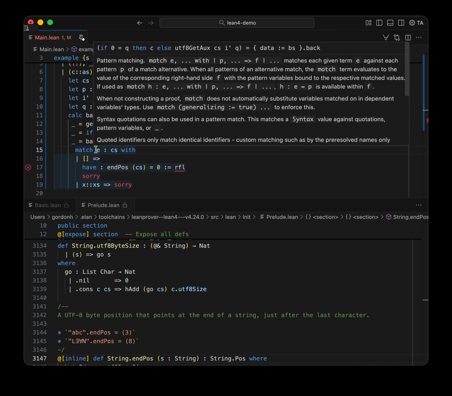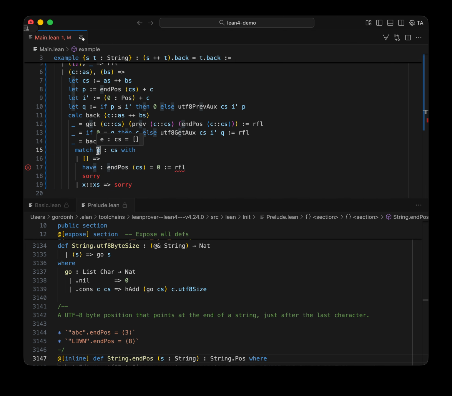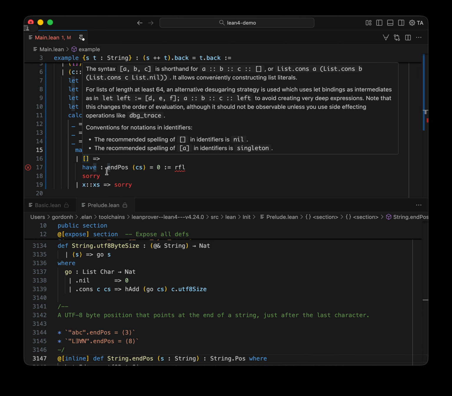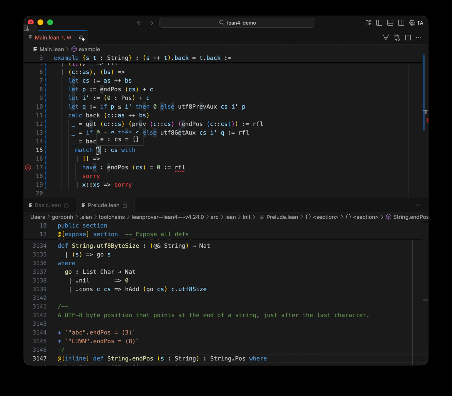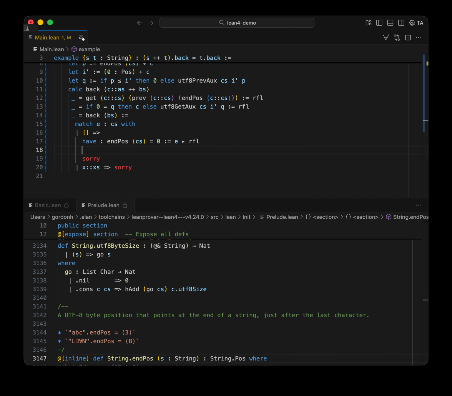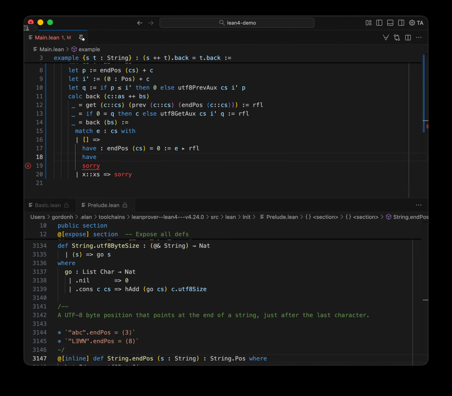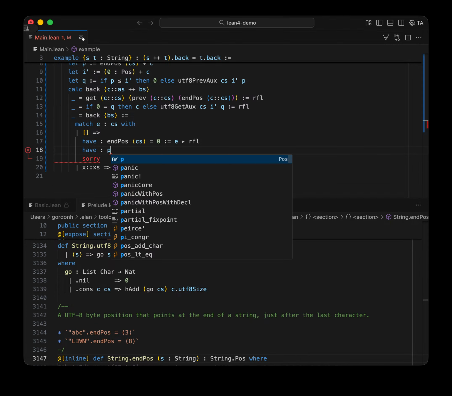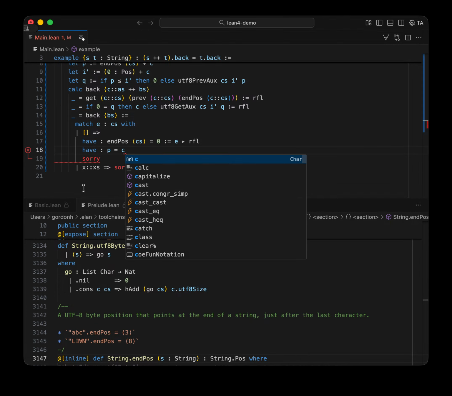So this is the syntax to get the equality for this branch to be taken. Okay, so now if we try to substitute this equality into reflexivity, then we get the proof. And we can keep reducing. So next thing is to show that p is c.